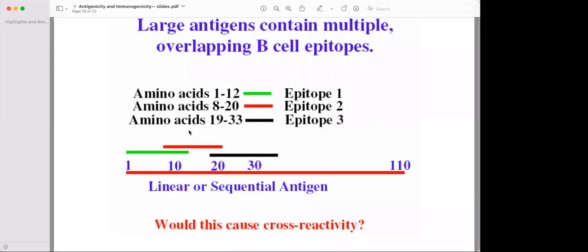Epitope 2 is running from 8 up to 20, which means it is spilling into epitope 1 and overlapping. Epitope 3 is starting from 19 and running up to 33, and remember epitope 2 had reached 20.